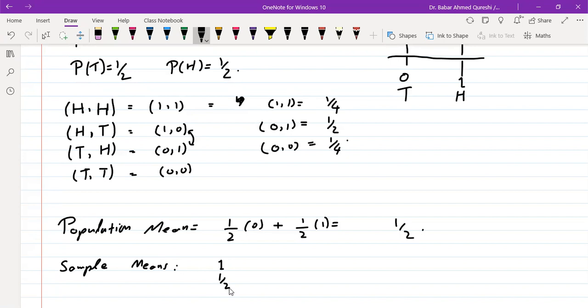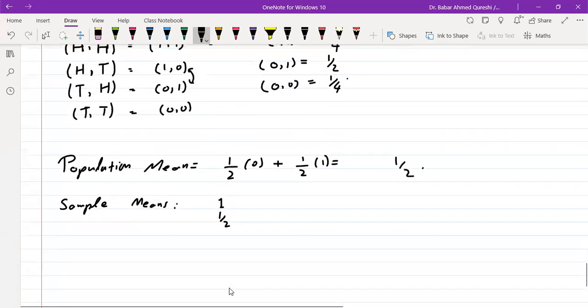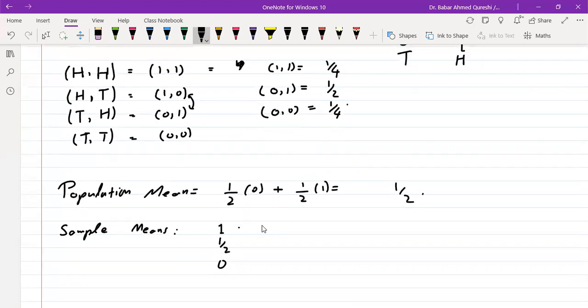And 0 plus 0 divided by 2, 0. So these are the possibilities. And I've already said that probability of this one occurring is 1 by 4. Probability of half occurring is half. And probability of 0 occurring is also 1 by 4.